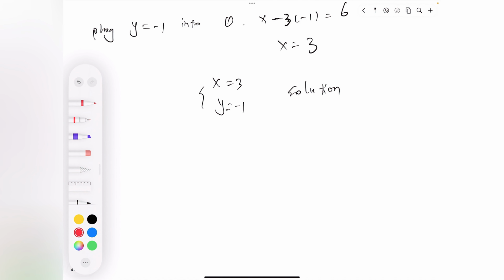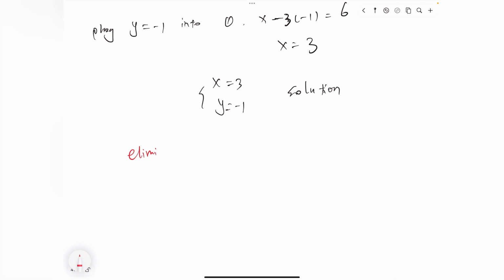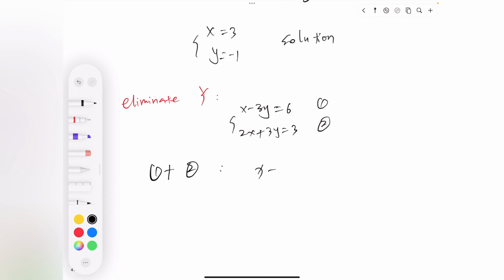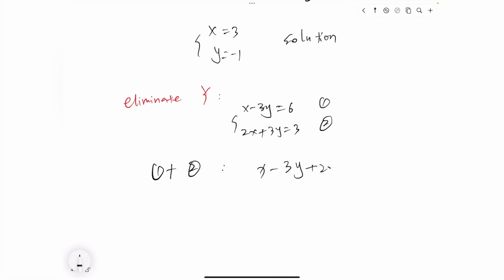Now let's look at if we need to eliminate y. What can we do? Originally it's x minus 3y equals 6, 2x plus 3y equals 3. This is 1, this is 2. So we can just do 1 plus 2. We'll get x minus 3y, left plus left, plus 2x plus 3y. The right equals 6 plus 3.